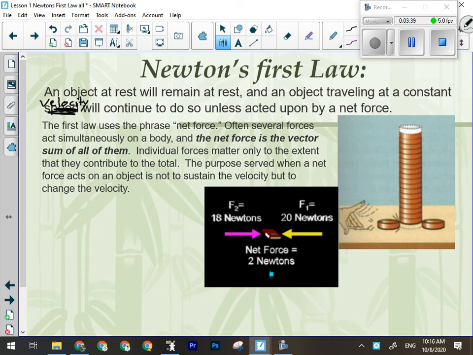Then the tablecloth that's still on the table moves perfectly horizontal and slides right out from underneath the dishes because of Newton's first law. It's slippery enough that it doesn't exert a force on the dishes, and the dishes have enough inertia that they stay put, and the tablecloth slides out from underneath.